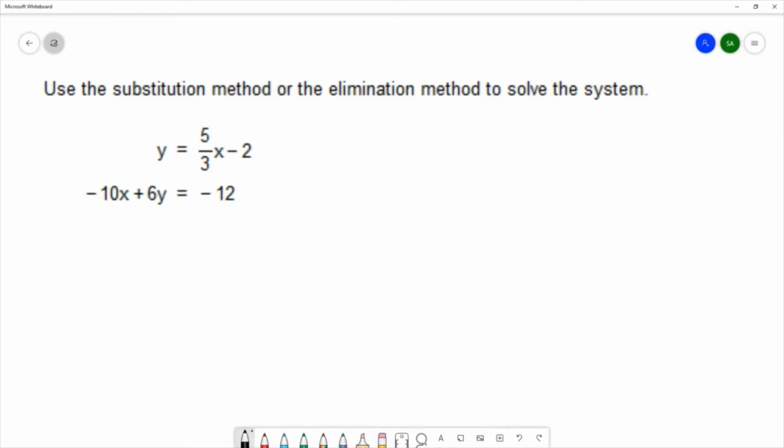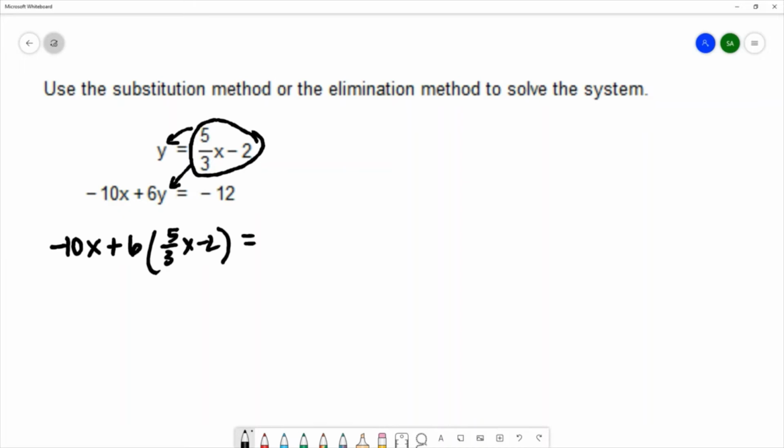So I'm going to take 5/3 x minus 2 and substitute that into y in the other equation because this equals y. And that gives me negative 10x plus 6 times 5/3 x minus 2 equals negative 12.